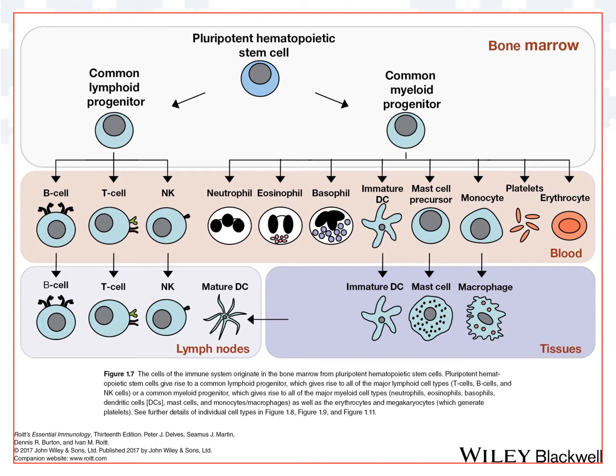And then over here on the adaptive side, primarily B cells and T cells. Sometimes the natural killer cells are actually linked to the innate immune system. In this particular slide, they're grouping them under the lymphoid progenitor cells. But I want to focus on a couple things, particularly with regards to neutrophils and then macrophages.